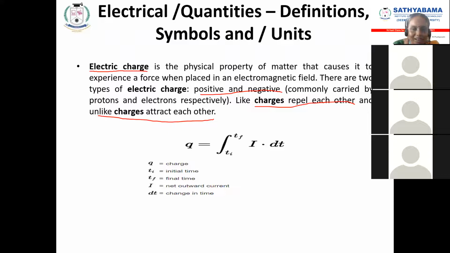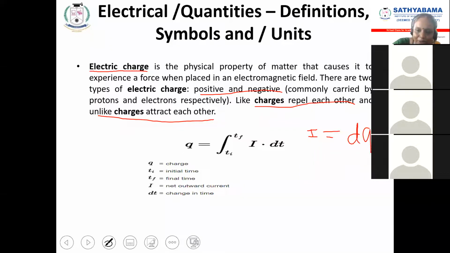So here, due to this electric charge only, a current will flow. I think you have studied rate of change of charge with respect to time. I equal to dq by dt.